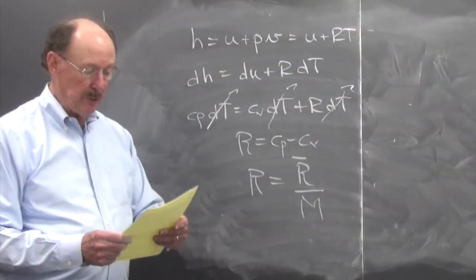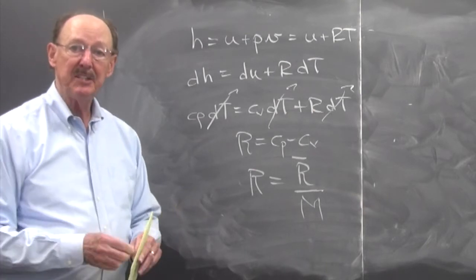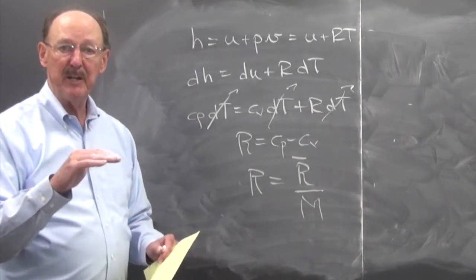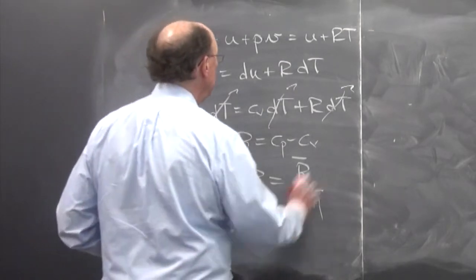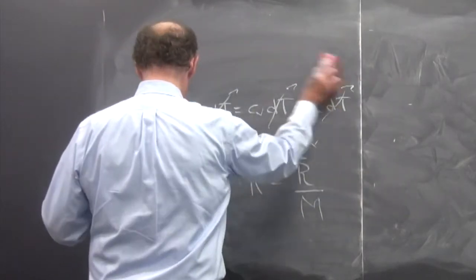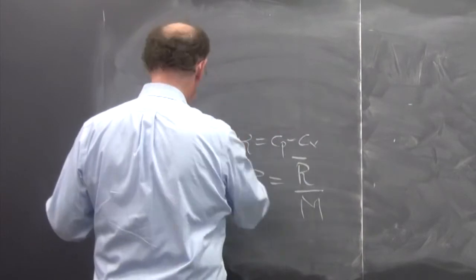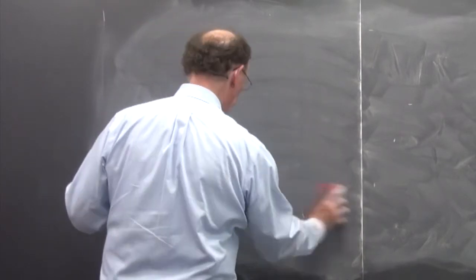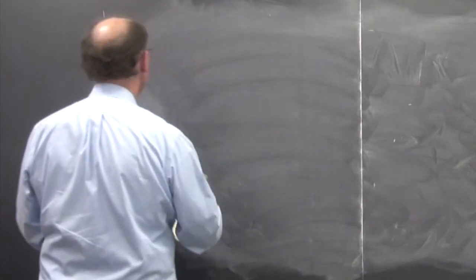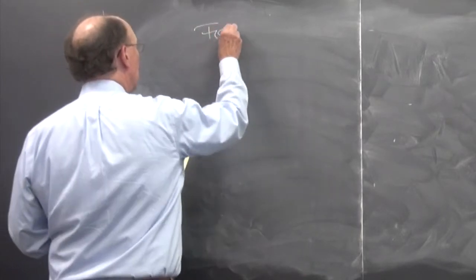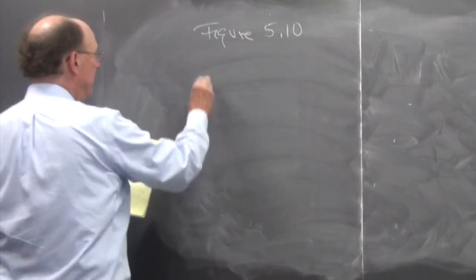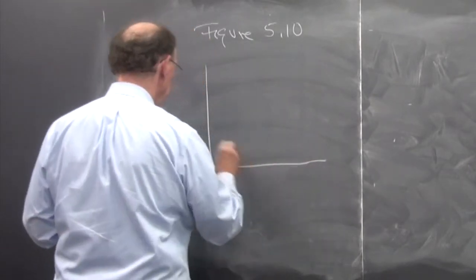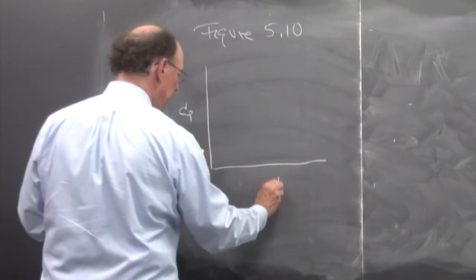And now what I want to do is look at the fact that for gases, the specific heat varies with temperature. So if I look at figure 5.10, it'll give the variation of C sub P with temperature.